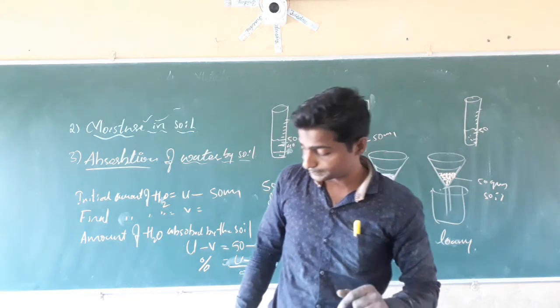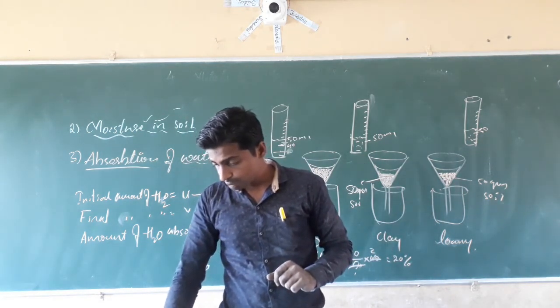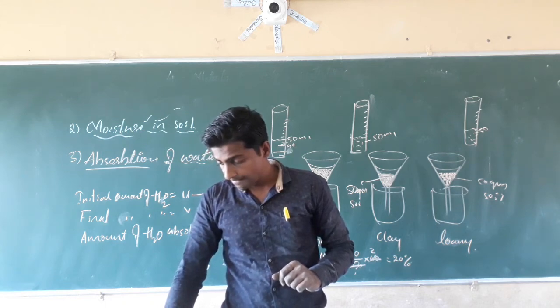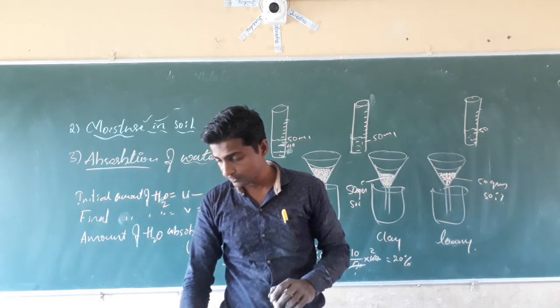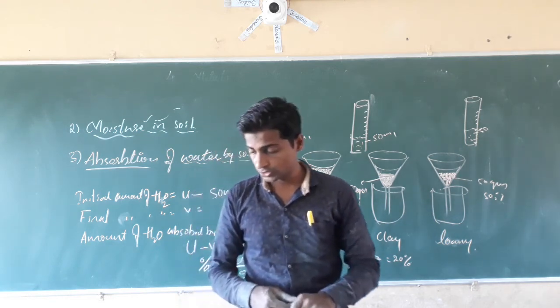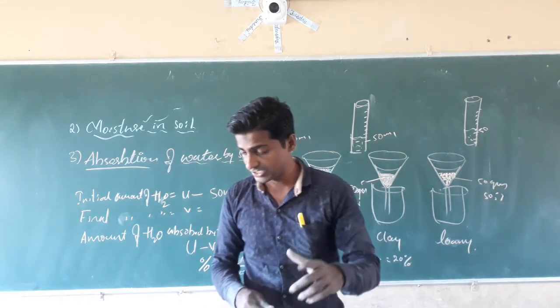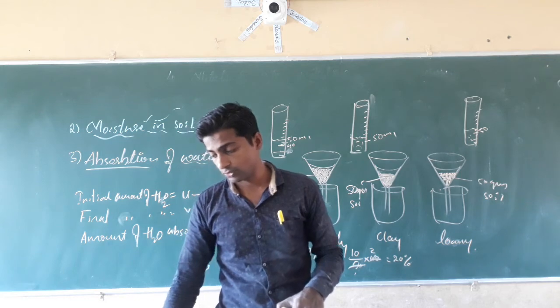Next, dear students, see, soil determines the various types of vegetation. Clay soil and loamy soils are both suitable for growing cereals and weeds. Cereals like wheat and grams, as such soils have good water holding capacity.